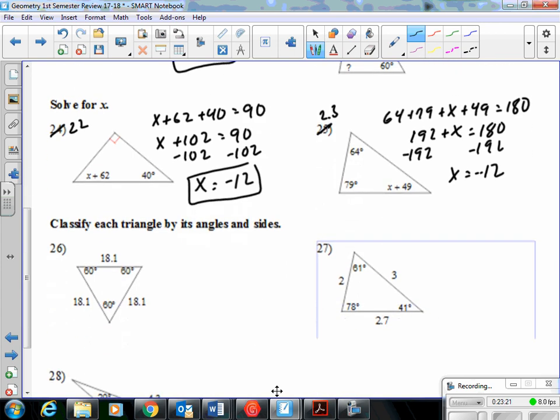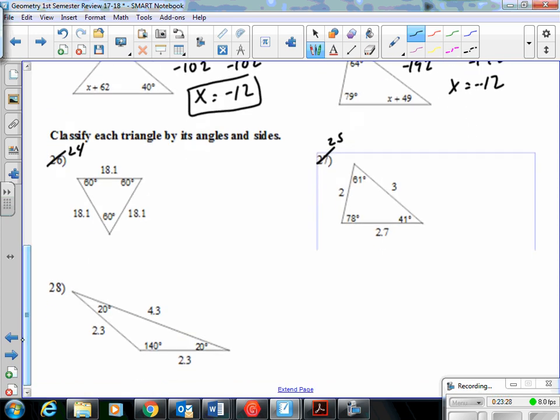So then 24, 25, and 26. Classify each triangle by its angles and sides. So we're just looking at the angles and the sides, coming up with a name for each version. So by the angles, you got 60, 60, 60.